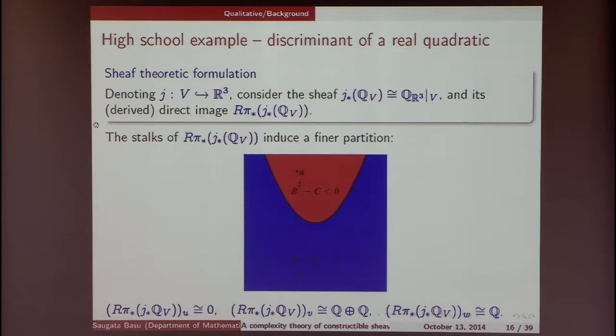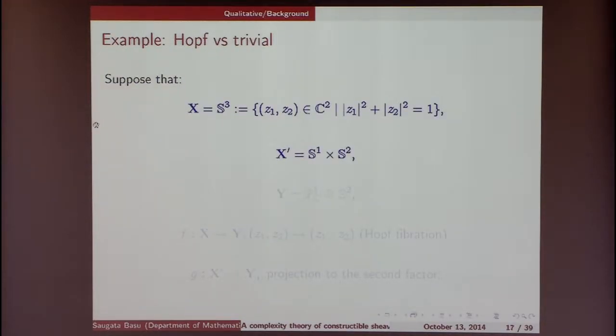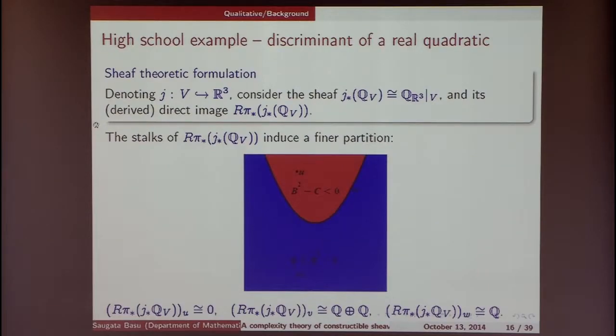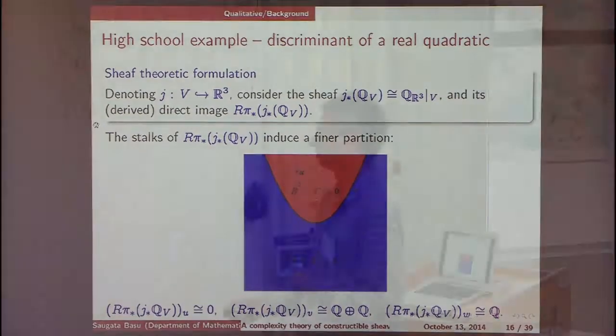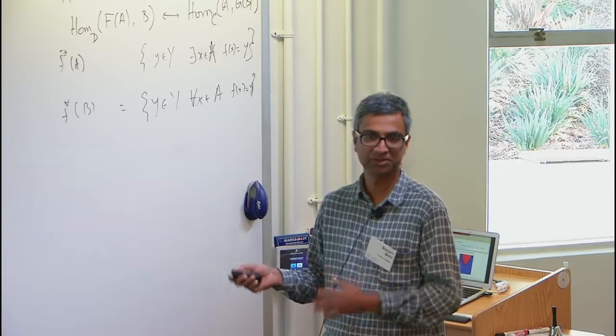Okay, so I skipped this example, which was to show this. Either it is Q or Q plus Q; you don't keep the multiplicity. It's not kept, it's constant.